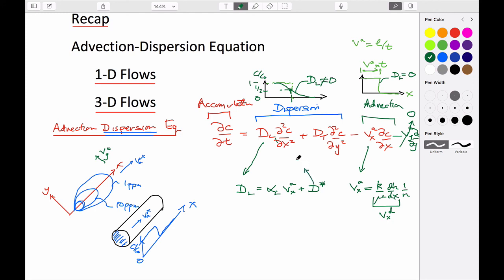We know that this molecular diffusion magnitude, D star, is equal to the true molecular diffusion of a solute in a beaker, multiplied by something that accounts for the tortuosity of the flow path. And we talked about that last time.